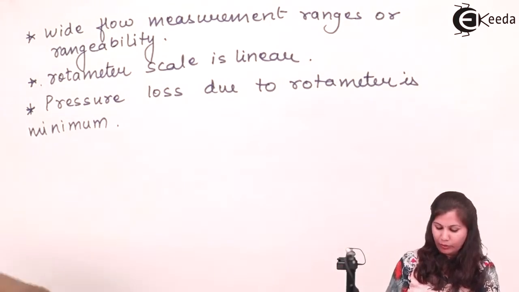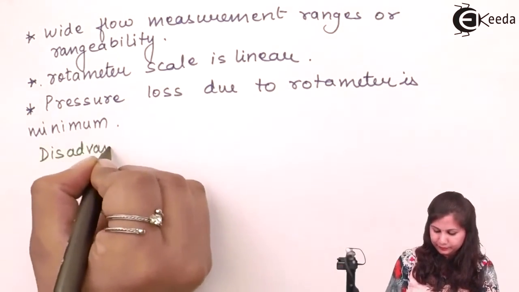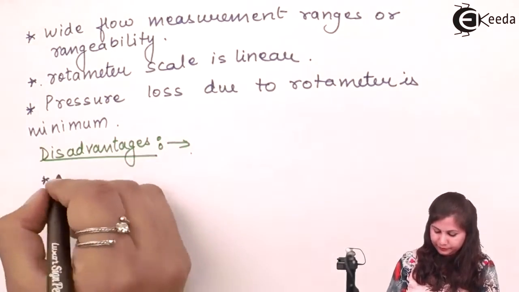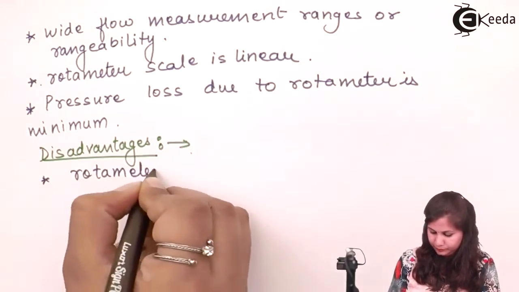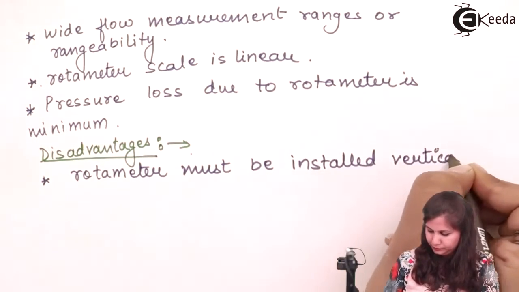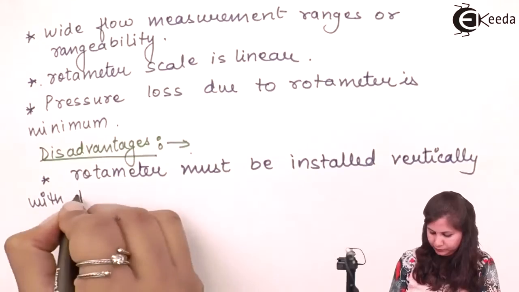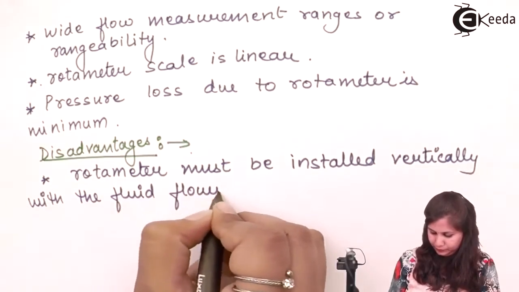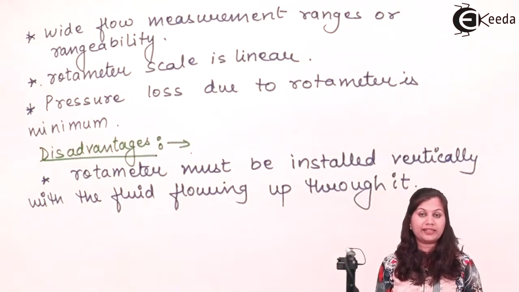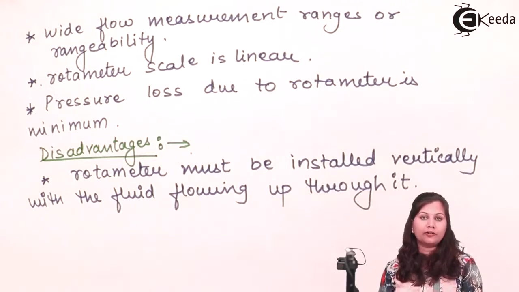Next come its disadvantages. In rotameters, gravity plays a very important role, because gravity is pulling the float downwards, and fluid flow is causing it to move in the upward direction.